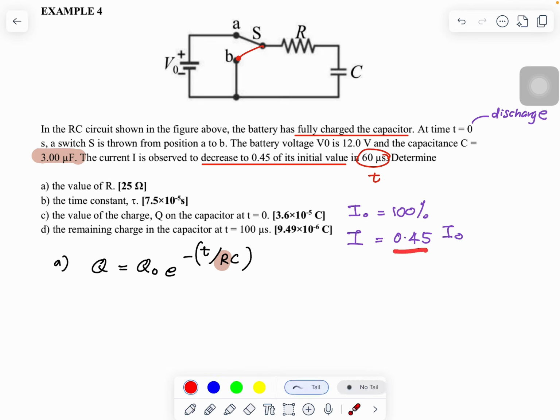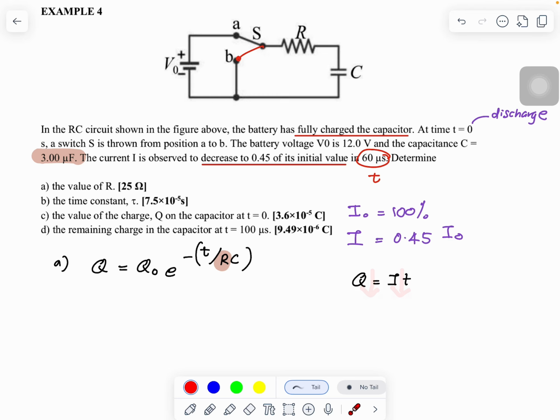Maksudnya 0.45 darab dengan initial kita adalah 100%. So this one dia bagi adalah in terms of current. Since kita formula adalah charge, so current and charge they are directly proportional. According to this formula, Q is equal to IT. So kalau current decrease, Q pun akan decrease with the same rate.